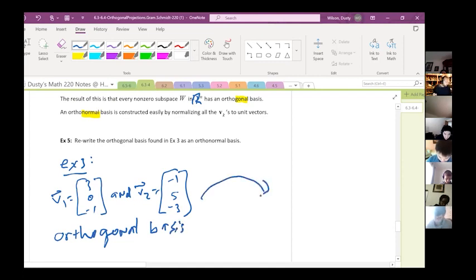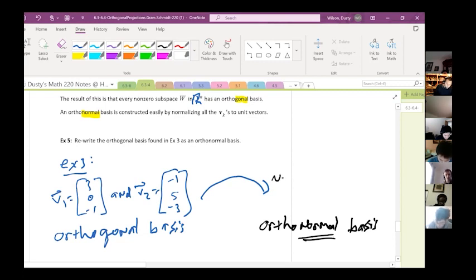And so we could normalize it. We could change our length. So our orthonormal basis would be, now V was yesterday, now it's going to be U's. So we'll call it U1. And so our U1 is going to be V1 divided by the length.